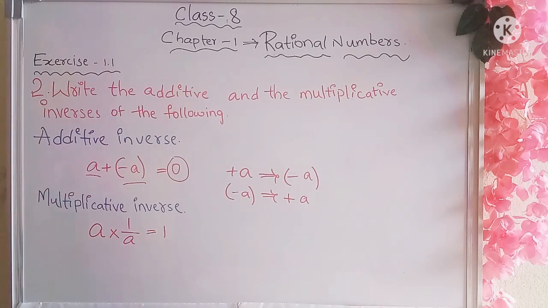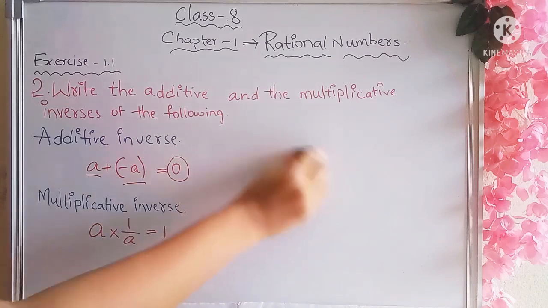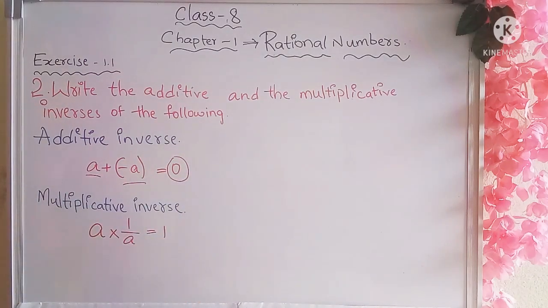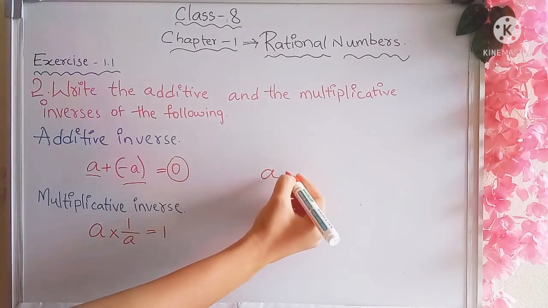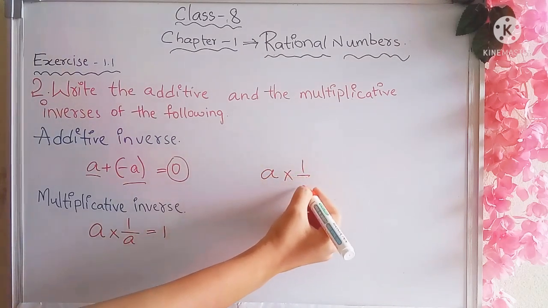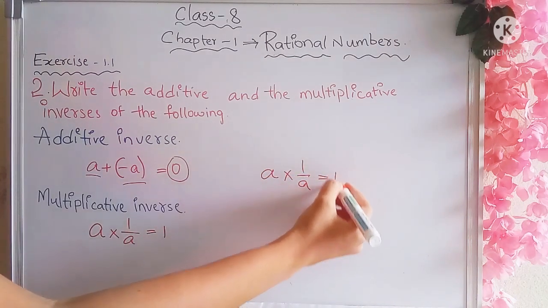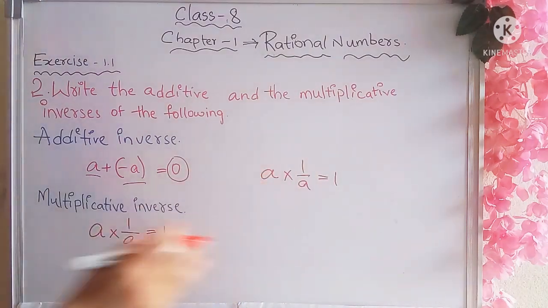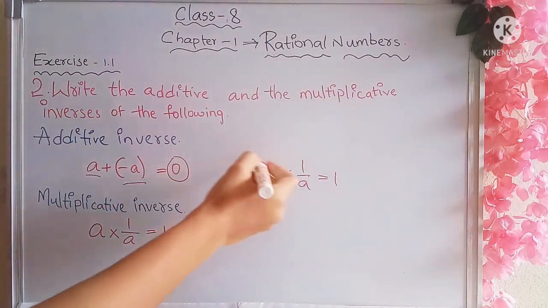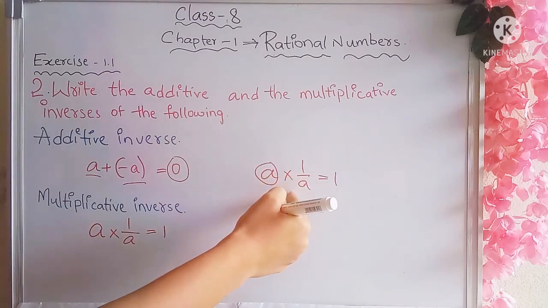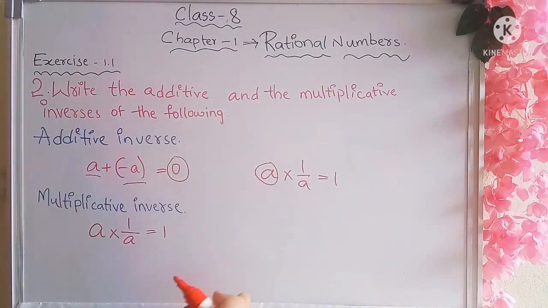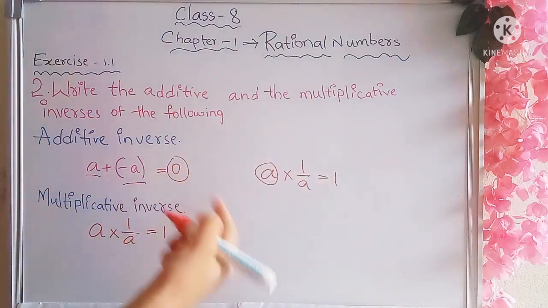Let's go to multiplicative inverse. The meaning of a multiplicative inverse is A into 1 upon A is equal to 1. So what does multiplicative inverse say? Any number multiplied by its reciprocal is equal to 1.